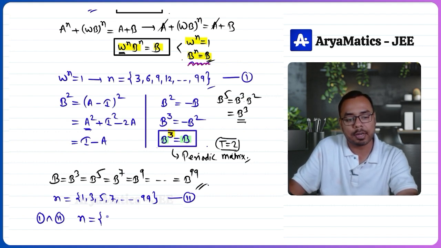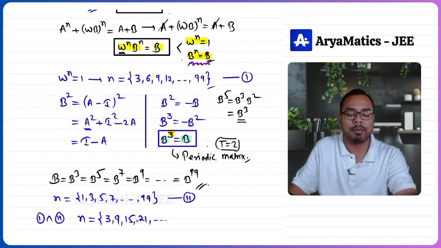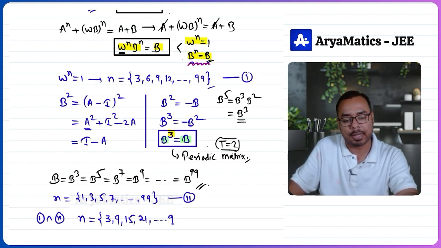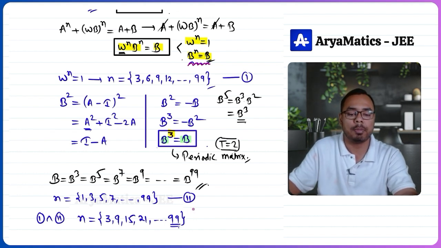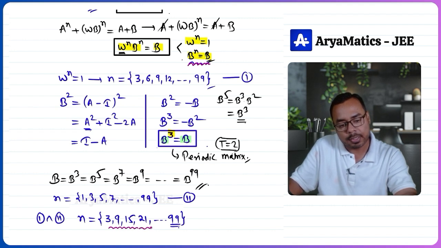So the common values are 3, then the next number will be 9, right? After that 15, then we have 21 and so on. We'll get multiples of 6 plus 3. So the last common term will be 99. And now we need to find how many common terms are there, I mean, how many terms are there in this set.